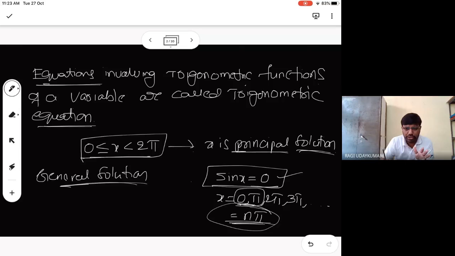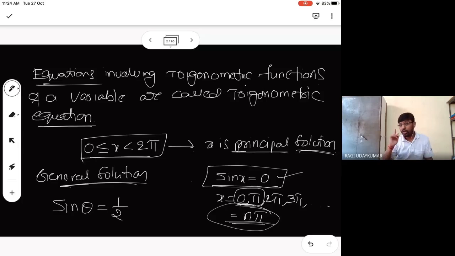Now everyone understood the general solution? The general solution is the one which gives all the solutions. Actually, till now most of the students will say a single value. Suppose I am asking, sin theta equal to 1 by 2. What is the theta value? 30 degrees, sir. No, not only 30. Sin theta equal to 1 by 2 means it's not only 30.